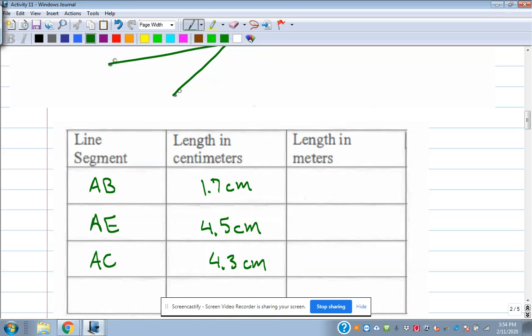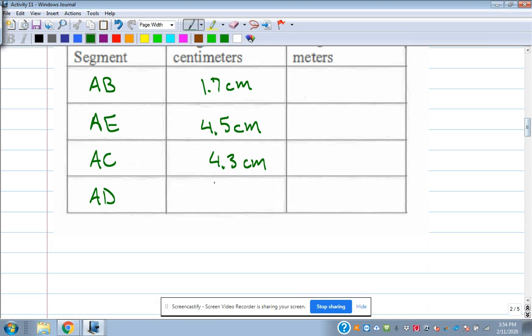And then A to D, 2.6 looks like the right number to me. 2.7, 2.6, it's about halfway between there. So we're going to a millimeter. So yeah, either one I would take. So 2.6 or 2.7, whichever one you got there.